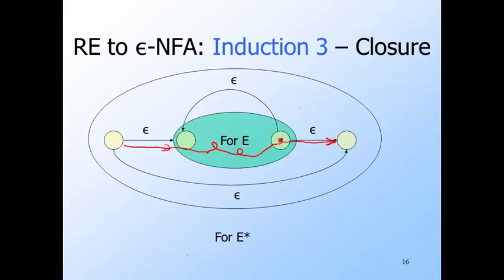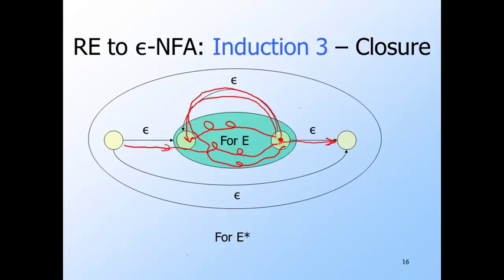We can go from the old final state back to the old start state, maybe take another path to there. Now we have a path that has a label that is the concatenation of two strings from the language of E. And we can go back again, take another path, and the label of that path would now be a concatenation of three strings from E, and so on.